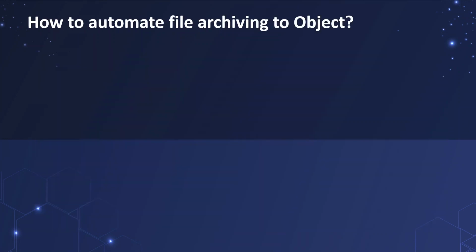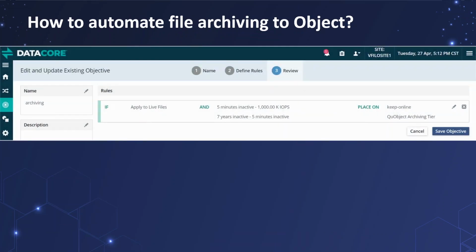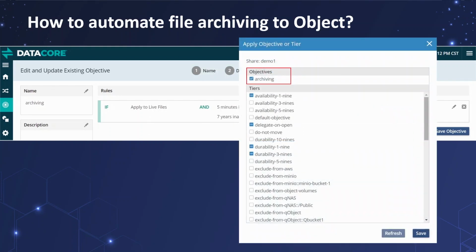So let's give you an example of how to automate the file archiving to the object. Here I have a policy called archiving. The rule is simple. Just apply to any live files. And if a file is inactive for over 5 minutes, please move it to the QObject archiving tier, or just leave it there. It can be anywhere, in local, DSX, QNAP NAS, etc. Now, in our GUI, on this share, you can add an objective to that share.